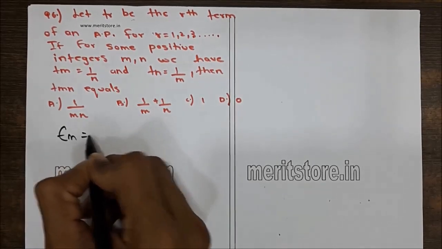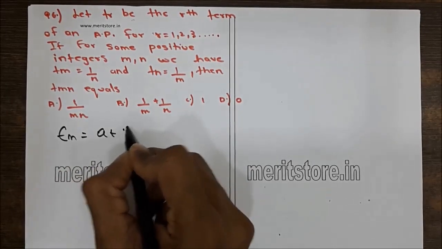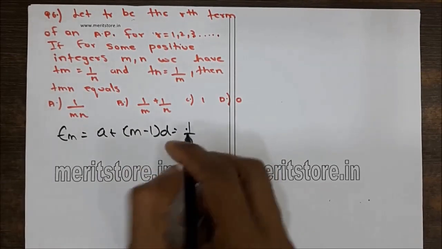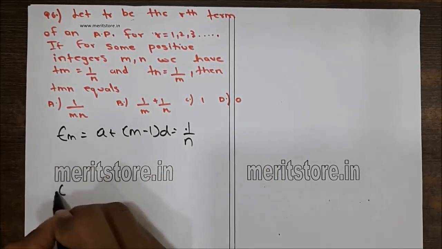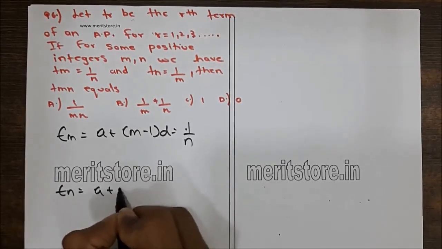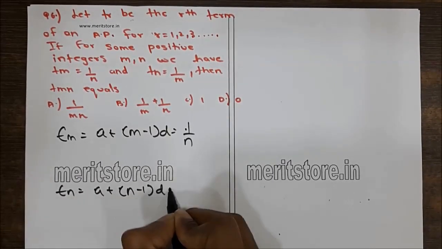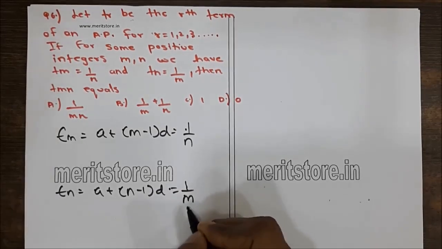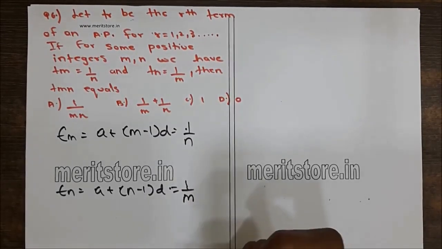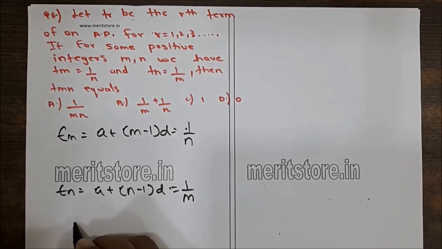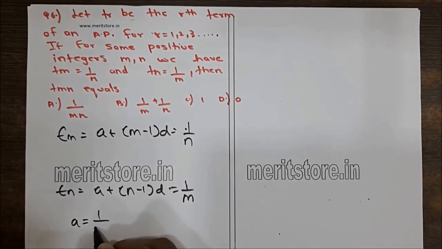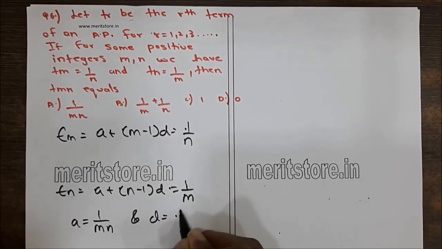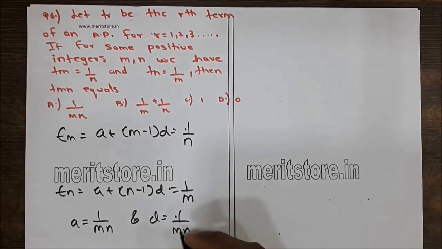For T_m, we have a plus (m minus 1) d, which is equal to 1 by n, and for T_n we have a plus (n minus 1) d, which is equal to 1 by m. On solving, we get a equal to 1 upon mn and d equal to 1 by mn.